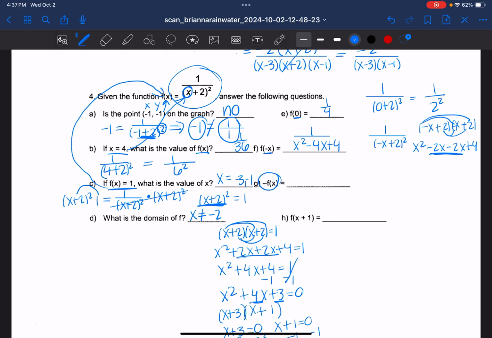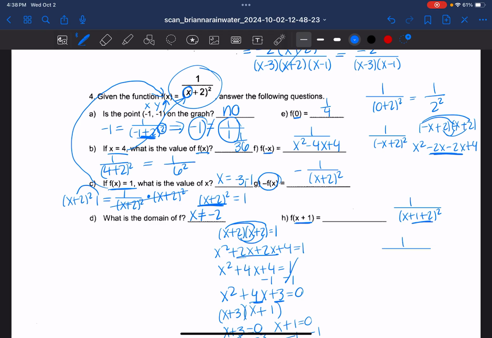On G, they said to multiply my function by a negative, so I put a negative in front of my entire function. Here it says to replace x with x plus 1, so I'm going to have 1 over, in place of x, x plus 1 plus 2, quantity squared. In the parentheses first, I combine like terms.